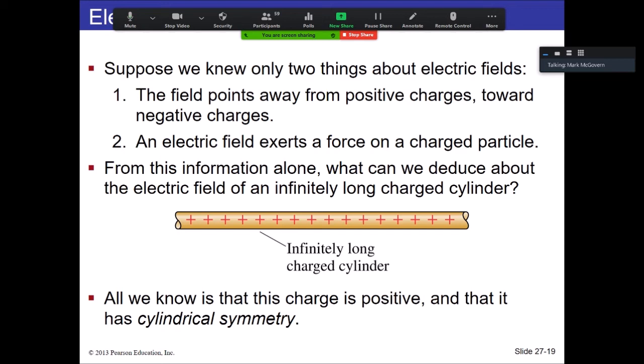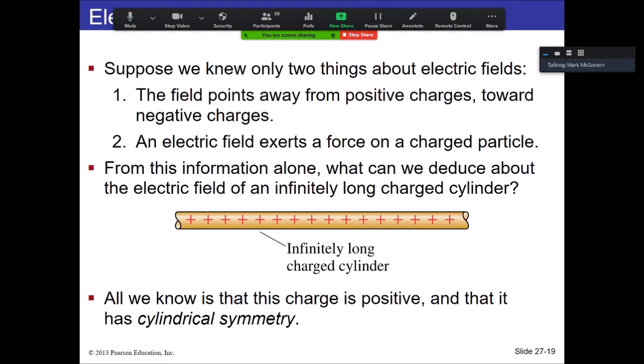But to get to the point where you can use the laughably simple mathematics, you have to understand a lot of concepts. That involves really two things: symmetry and flux. So we're going to spend a bit of time today talking about symmetry and flux. Then the next class, on Monday, we're going to talk a little more about flux, and then I'll show you what Gauss's law is.